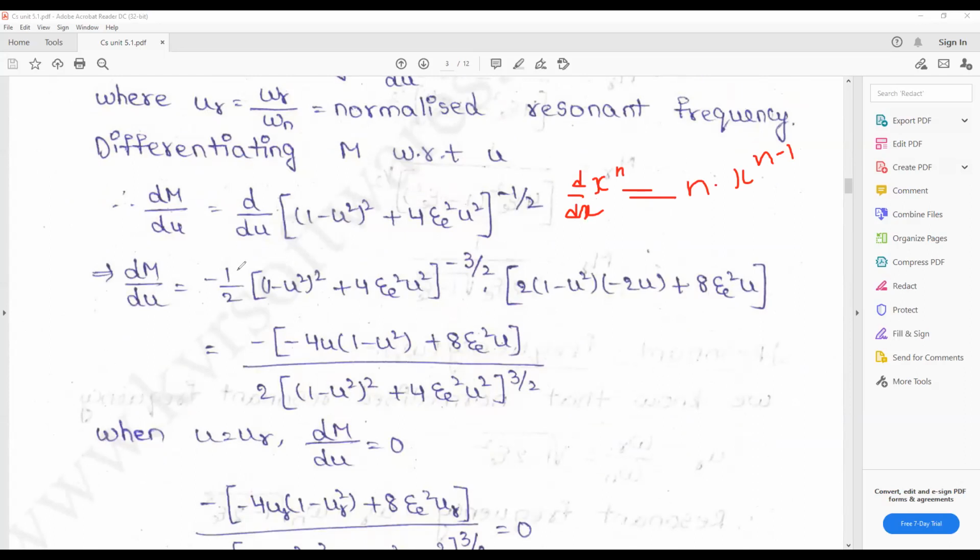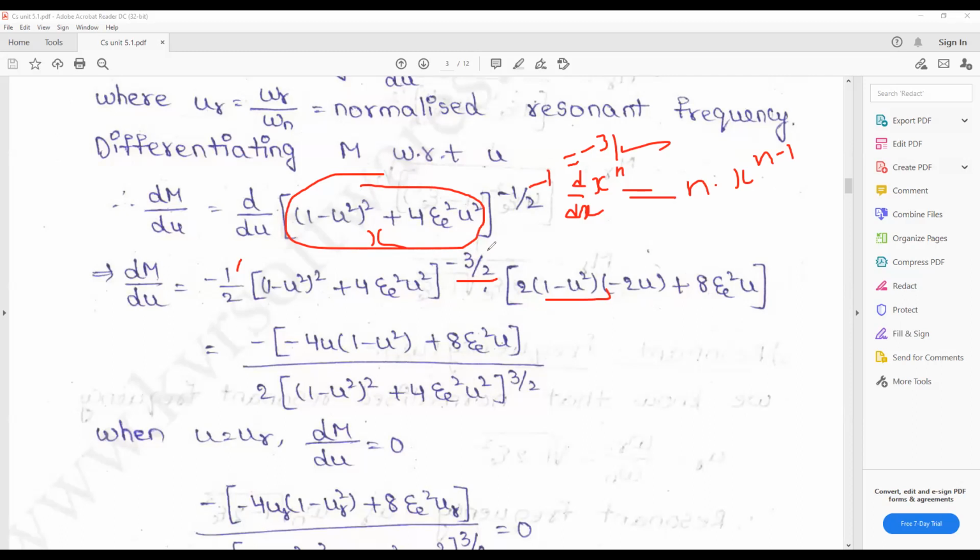So minus 1 by 2 into x, this is the x term, whole to the power of minus 1 by 2 minus 1. It is minus 3 by 2, into again differentiate the u terms. So 2 into 1 minus u square plus u square, so 8 zeta square u.